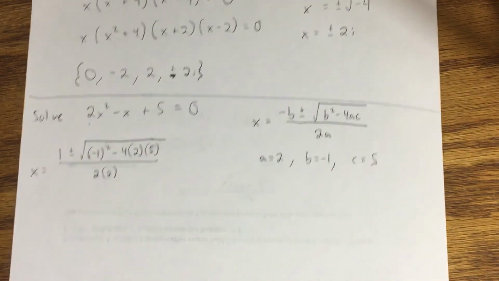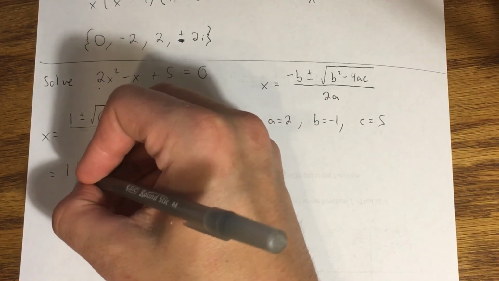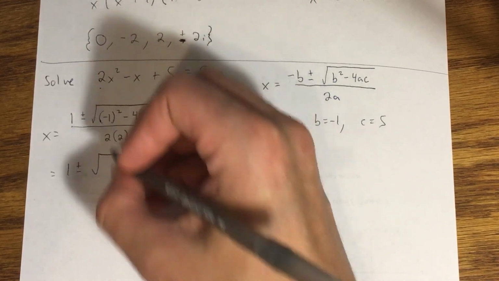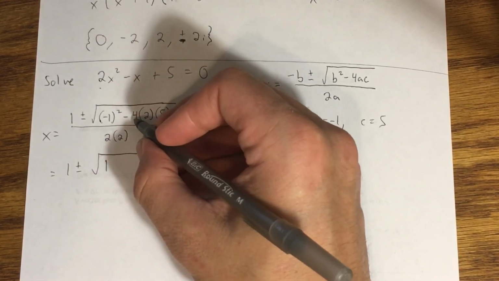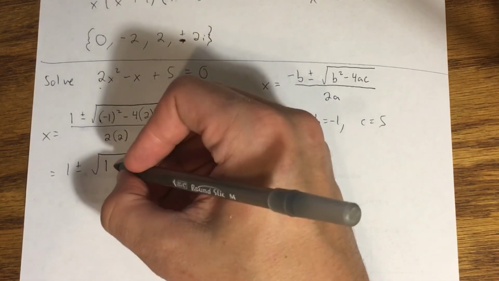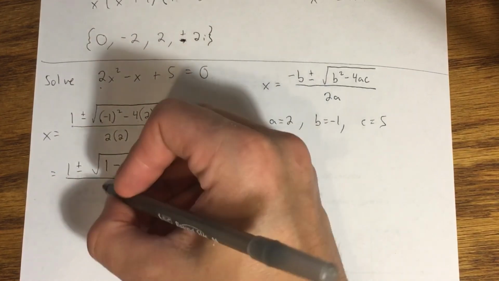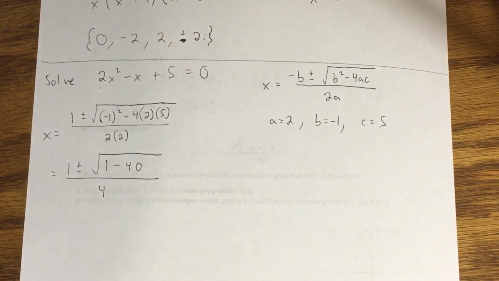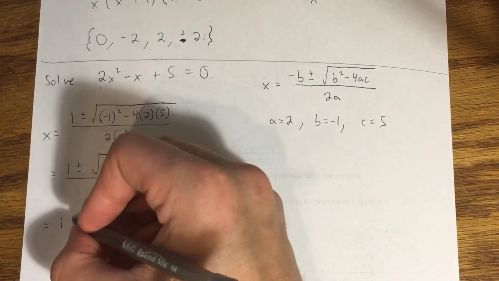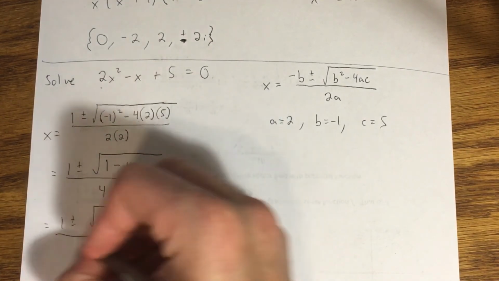And now it's arithmetic. We're just simplifying this down. This is equal to 1 plus or minus the square root. So negative 1 squared would be 1. 4 times 2 times 5, that's going to be 40. So minus 40 all over 4. This is equal to 1 plus or minus the square root of negative 39 all over 4.